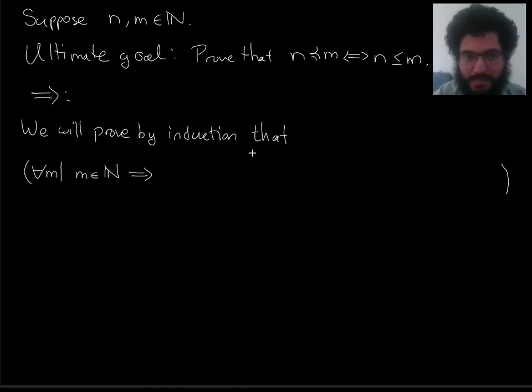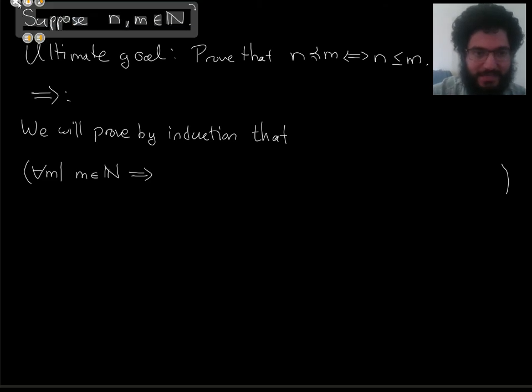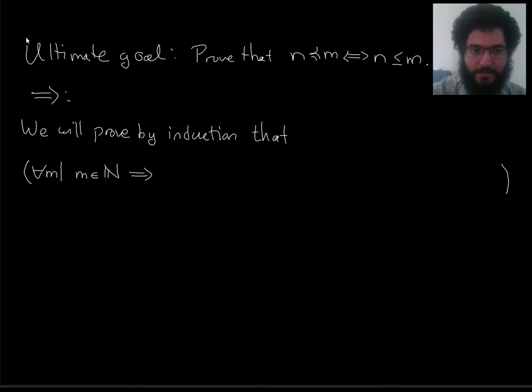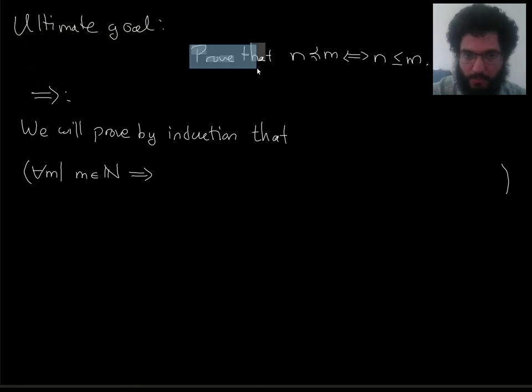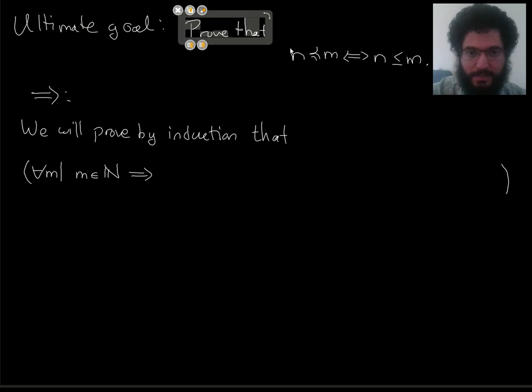because notice I did not actually fix, well, I did fix n. So let me delete this statement, suppose n and m are natural numbers. I actually don't want to fix either of them. And let me change my ultimate goal. It's the same goal, but I'm just stating it differently.